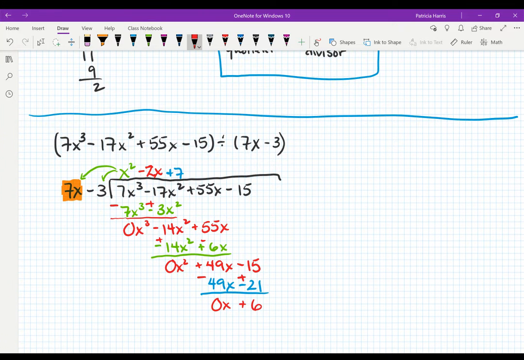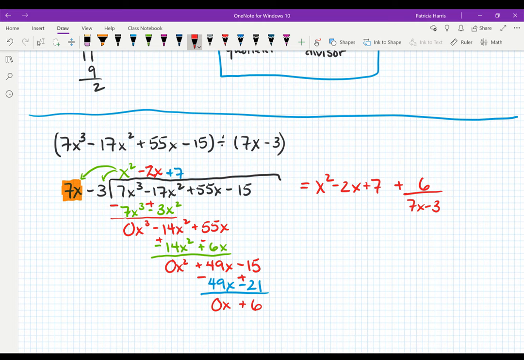Okay, so we are done. In this case, our quotient would be x squared minus 2x plus 7, plus our remainder of 6 over 7x minus 3, our divisor. And that's how you would do long division.